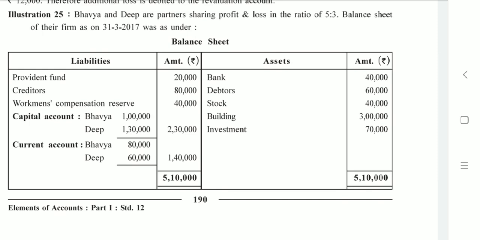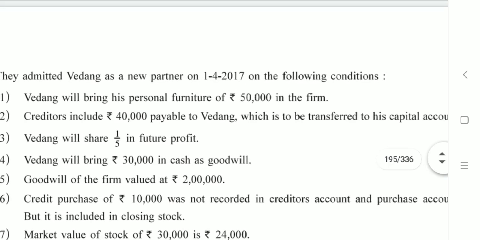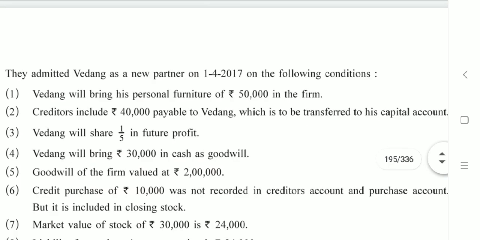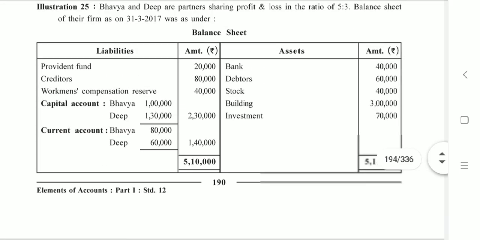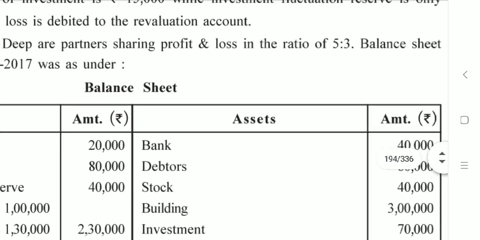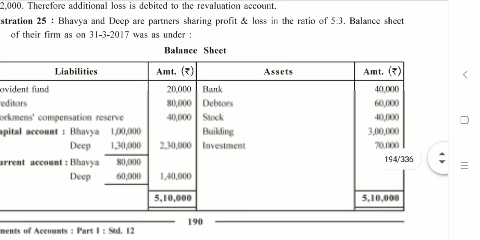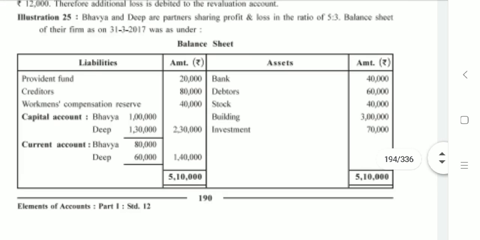Whenever old ratio is given, and the share of new partner is given, in this situation, the old ratio itself becomes sacrificing ratio.